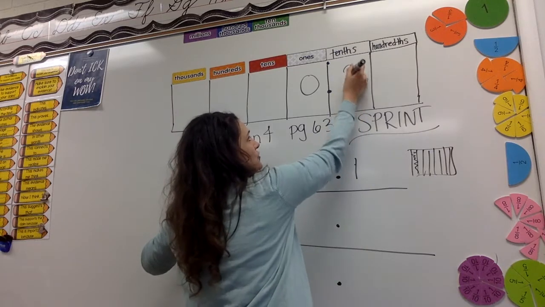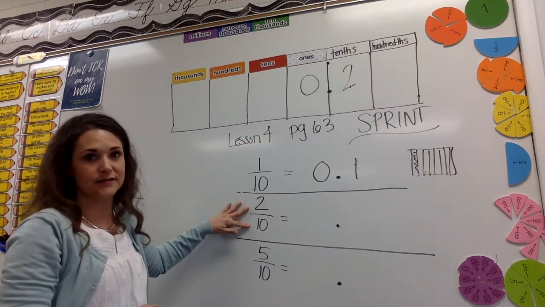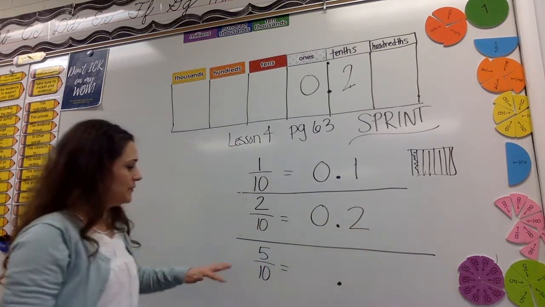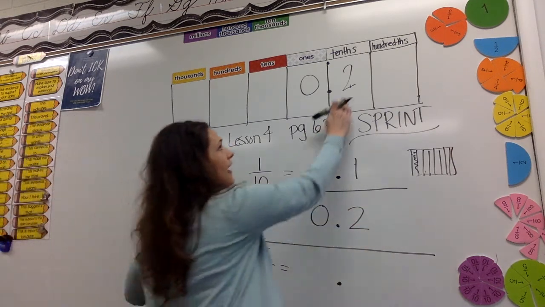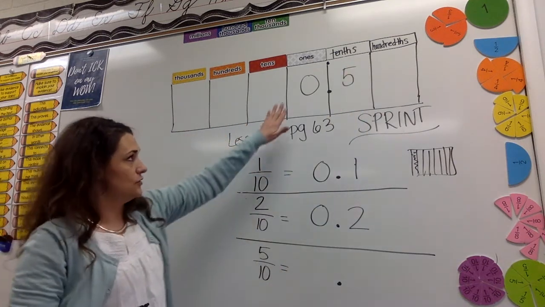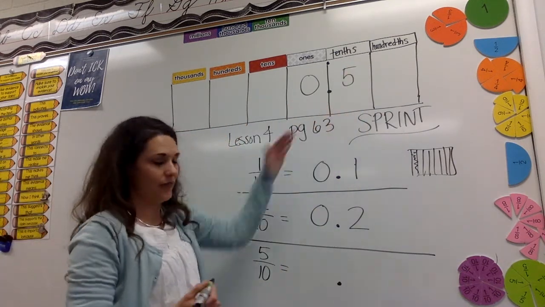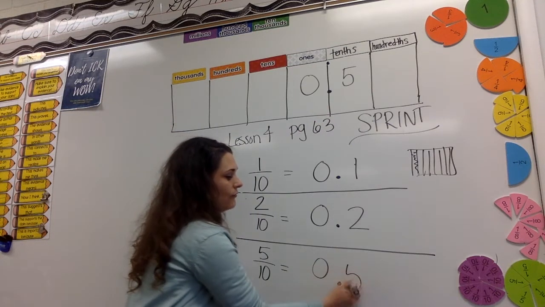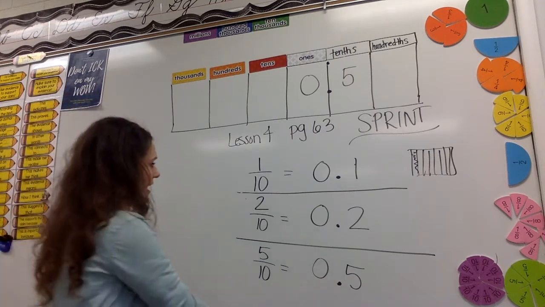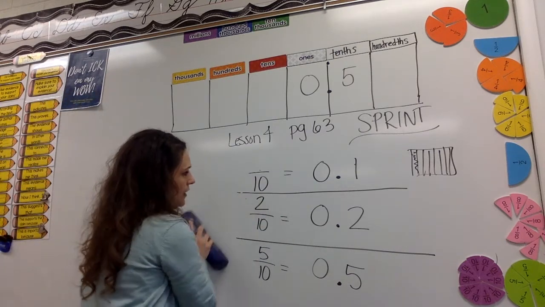We would just have 2 in that tenths place. So we would write that as 0.2. Same thing with 5. If we had 5 in our tenths place, we would have no whole numbers but 5 in that tenths place. So we'd write 0.5.